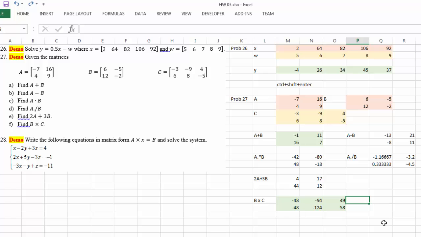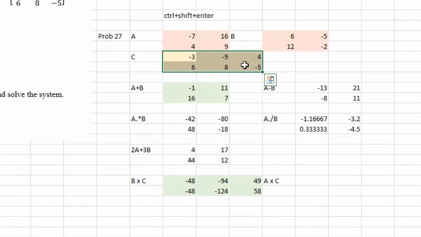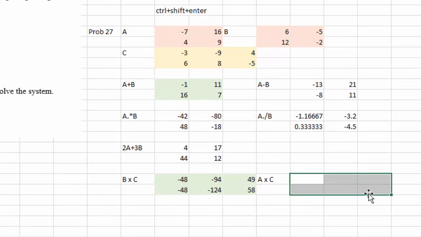But of course, you don't have to name a matrix in order to do the calculation. For example, if I want to find the product of A and C, I can do that because matrix A is 2 by 2, matrix C is 2 by 3. Therefore, the inner dimensions are the same, and therefore the product will have the dimension of 2 and 3. So it's a 2 by 3 matrix.